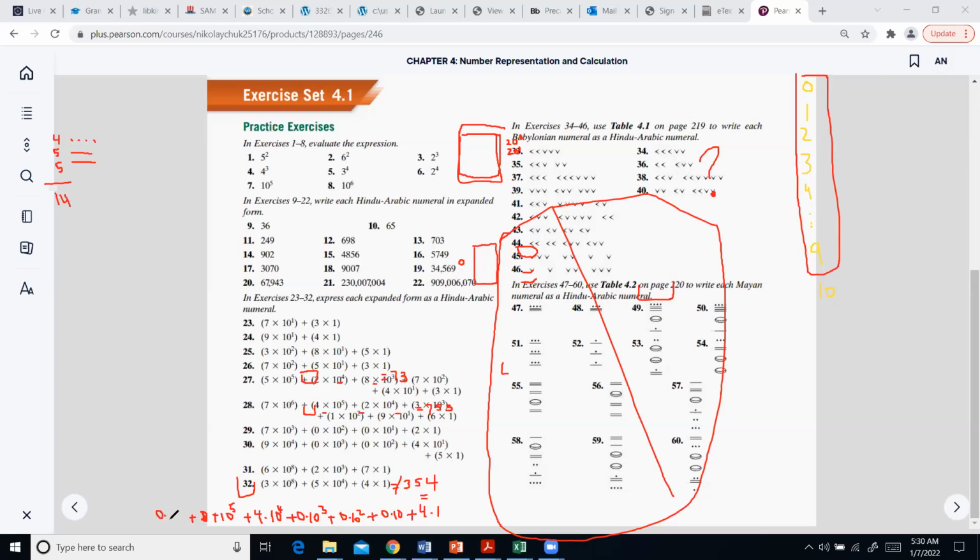So I have no 10 to the power of 5, no 10 to the power of 6, no 10 to the power of 7, 0 of them. But there is a 10 to the power of 8, right? And I have 3 of those. So now I can more easily write down the actual number we have in exercise 32.